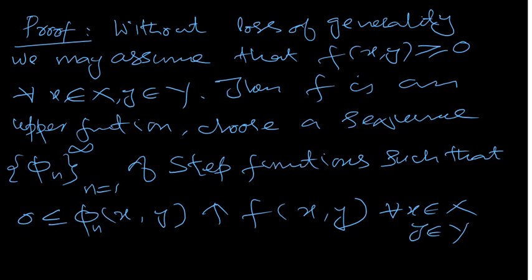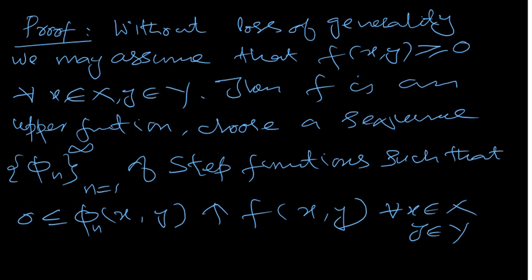Since f is an upper function, we can find its generating sequence, and that you can see in the first course of measure theory, the lecture series which I have already uploaded on my YouTube channel. You can see that. So this sequence always exists.